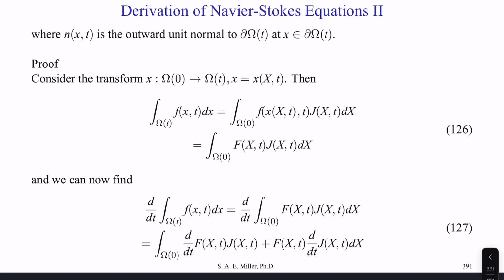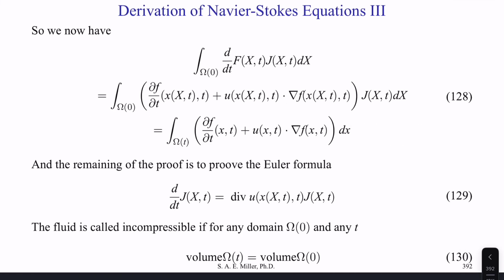We can then show from 125, 126 that the left-hand side is the same, and it'll be equal to the integral at time 0 of d/dt of f J plus f d/dt of J. We can now write the larger equation: the integral at time 0 of d/dt of f J, which is the volumetric integral at time t of partial f partial t plus u dot nabla f, which you should see as a material derivative.